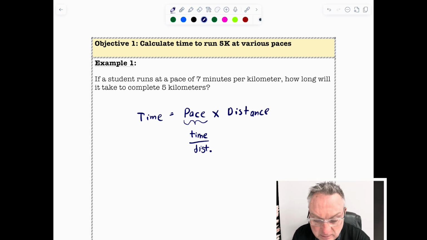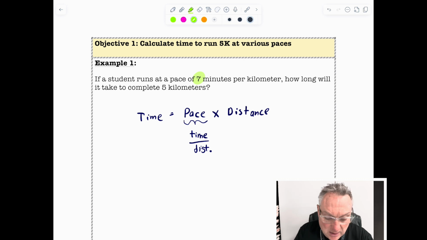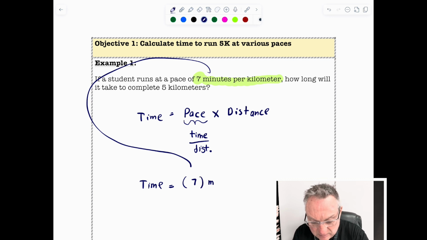So in this example, if a student runs at a pace, notice it's minutes per kilometer, 7, how long will it take to complete 5 kilometers? So time is equal to, and our pace is the 7, and that's in minutes per kilometer, times the distance, which is 5 kilometers.